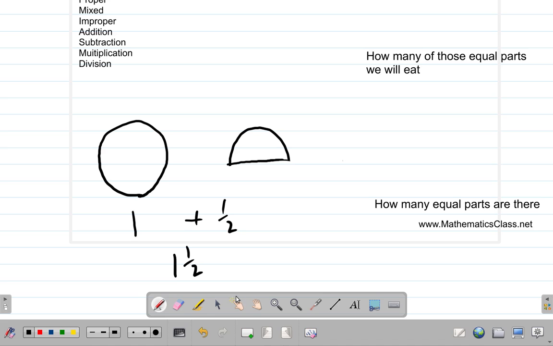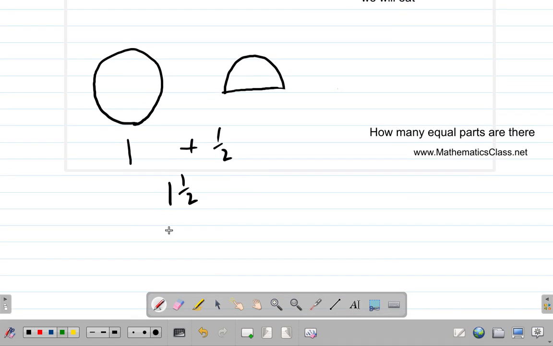Now here you have a whole number part mixed up with the fraction. So what type of fraction is this? M-I-X-E-D. That's a mixed fraction that you have there. So far, the proper fraction has the smaller numerator, and the denominator is larger.